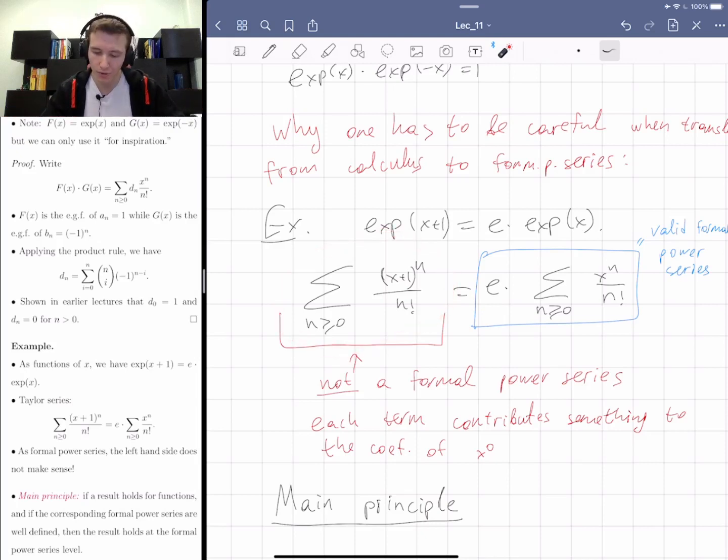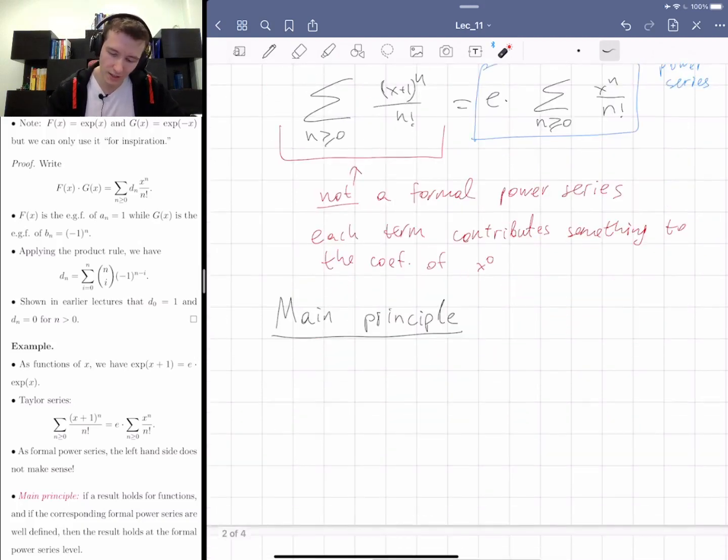So if I were a computer and you were giving me a program, then I would complain. If I was Java or something like this, I would complain that this is not the object of the correct type. That's my complaint here.